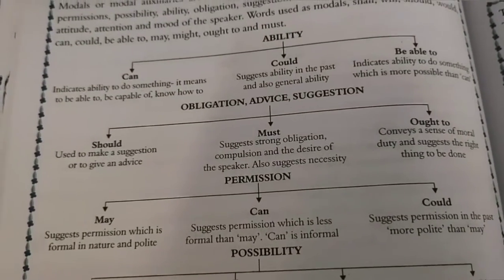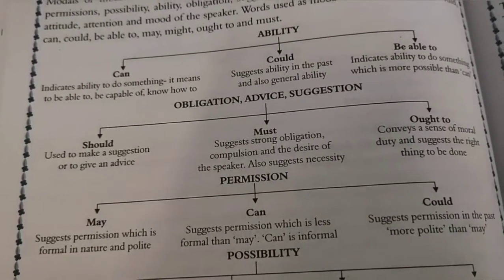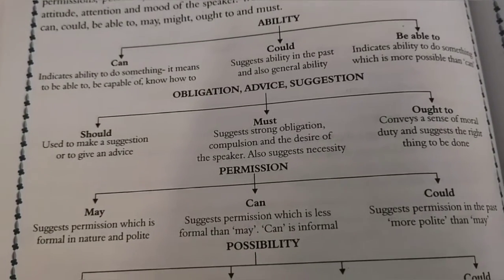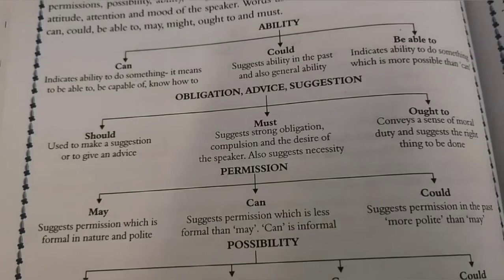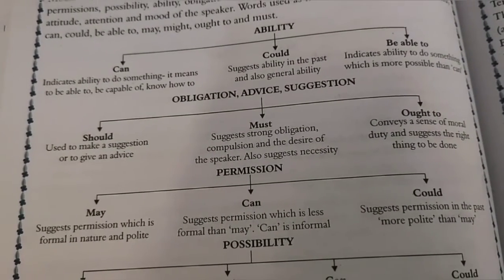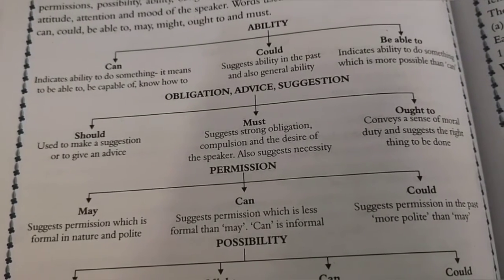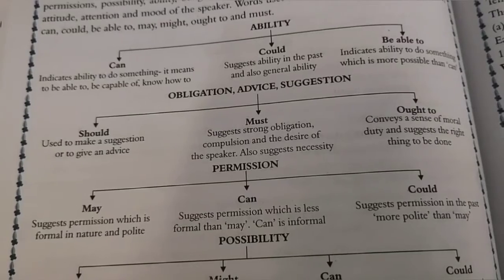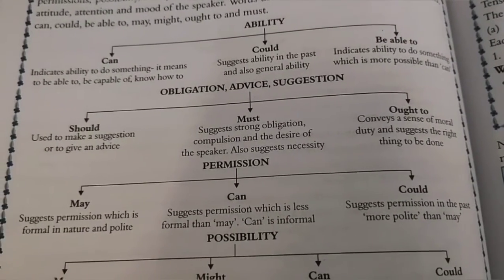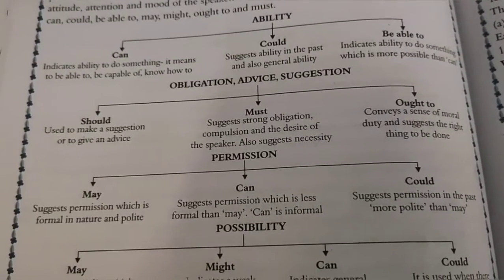Second is when we have to express obligation, advice, or suggestions. So here you can use should, must, ought to. Should is used to make a suggestion or to give advice. Must is used to suggest strong obligations, compulsions, and desire of the speaker. It also suggests necessities. Ought to conveys a sense of moral duty and suggests the right thing to be done.